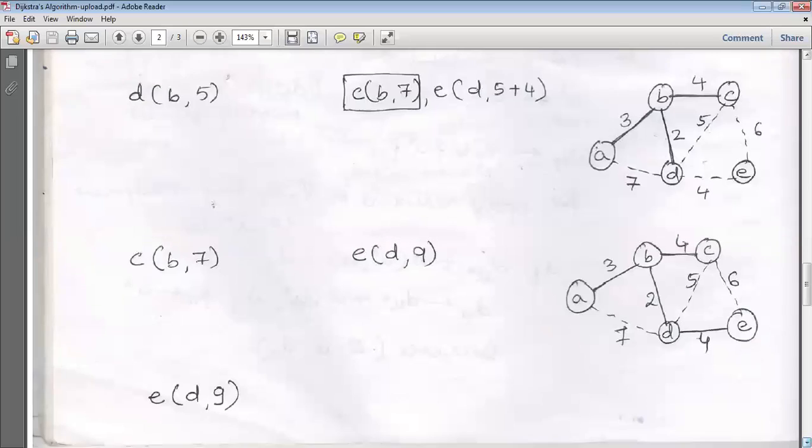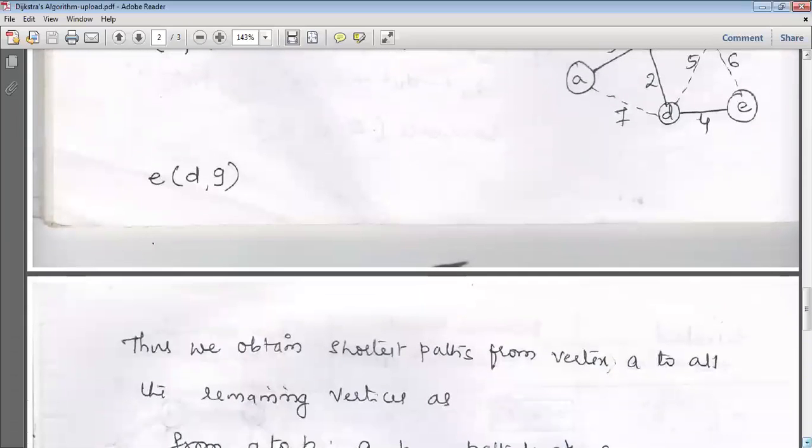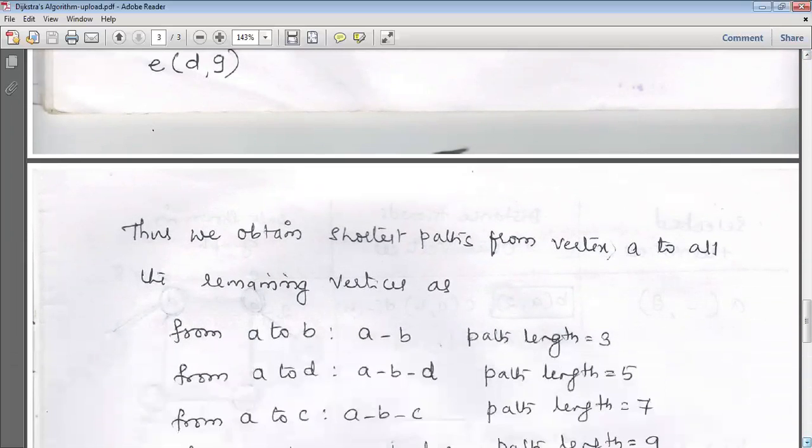So according to that, this is how we are going to reach all other vertices. Thus, we have obtained all the shortest paths starting from vertex A to all other vertices.